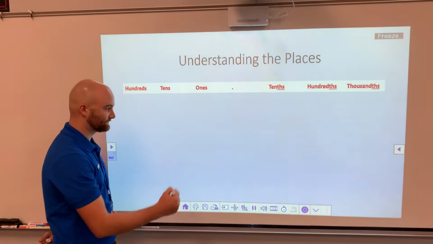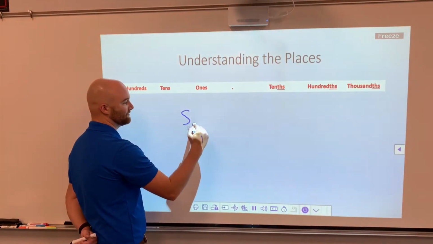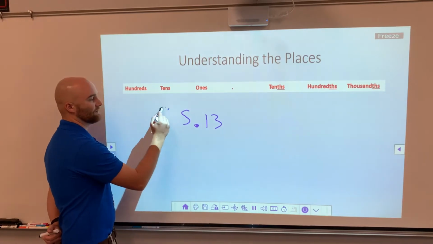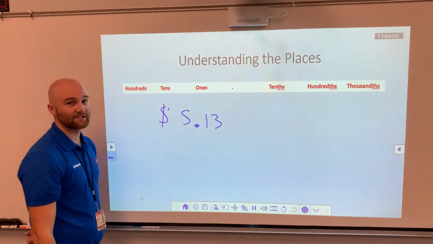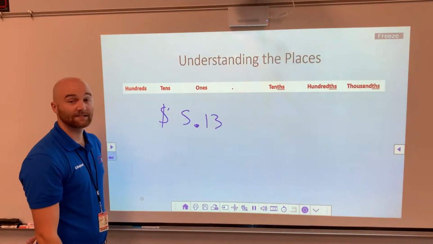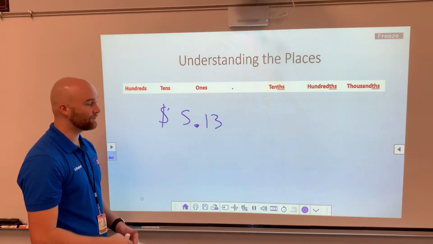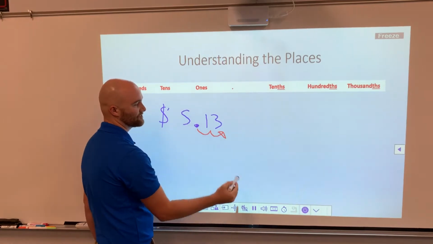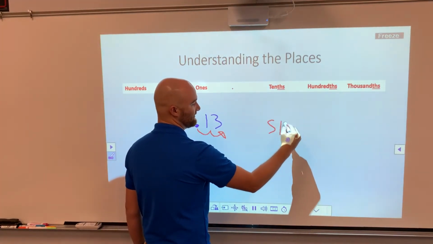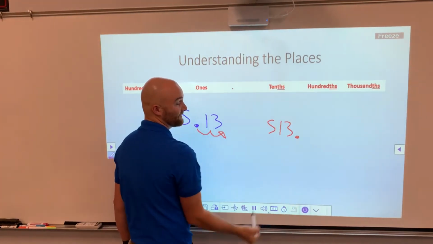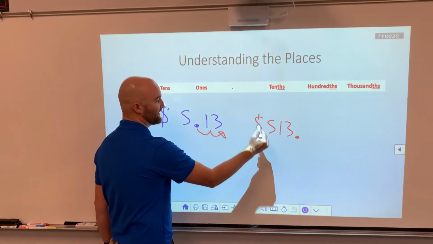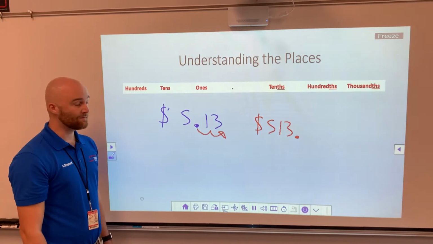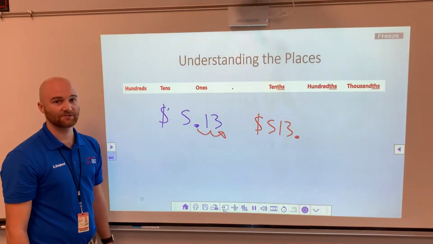Let's see an example. If I offered you $5.13, that's a lot different number if I move where this decimal is. If I move it over to a different location, and I offer you instead $513, $513 is way more than $5.13.